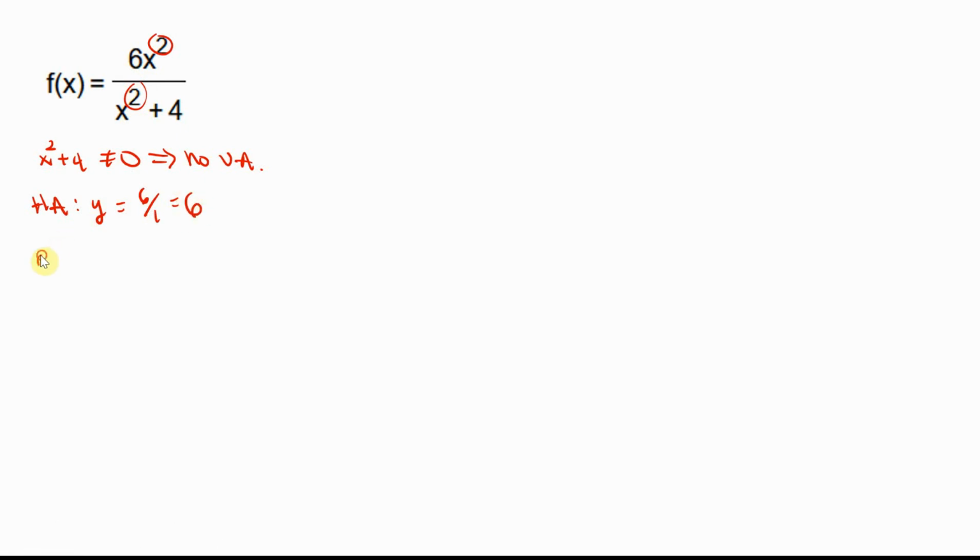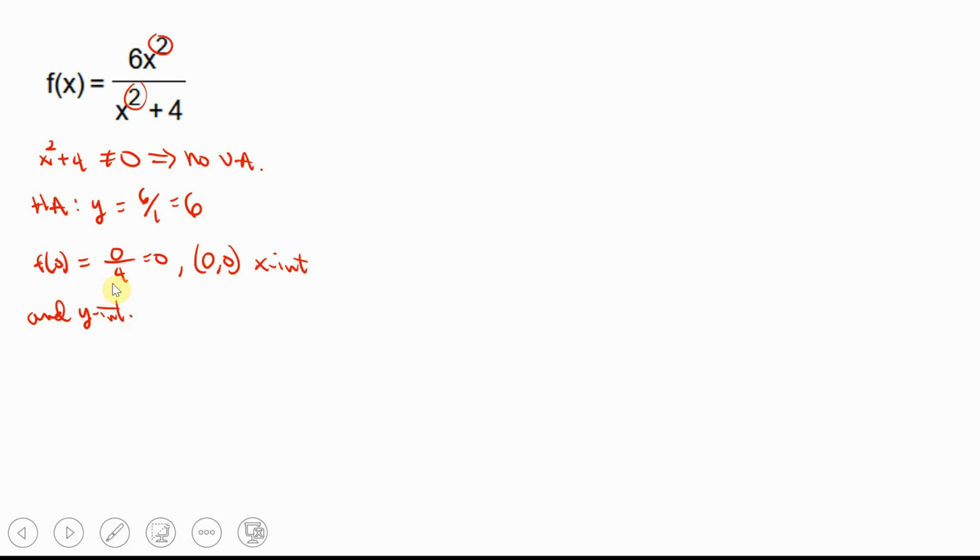Now, if I let x equal to 0 to solve for y, I get 0 over 4. I get 0. So (0, 0) becomes the x and y intercept, right? X-intercept, and it's the y-intercept. Okay.